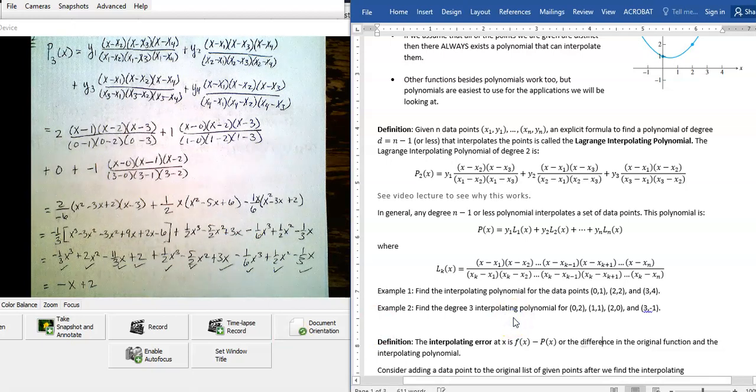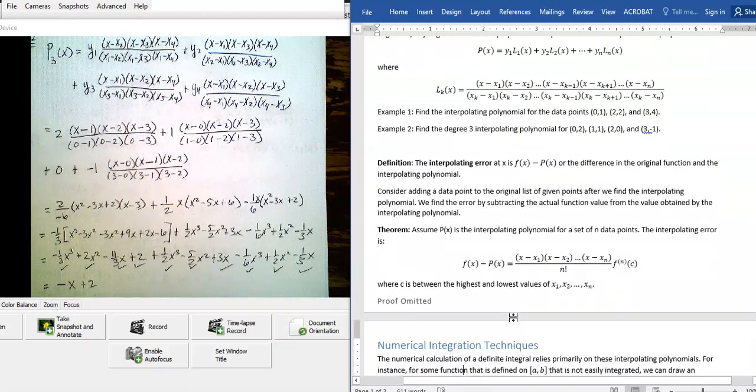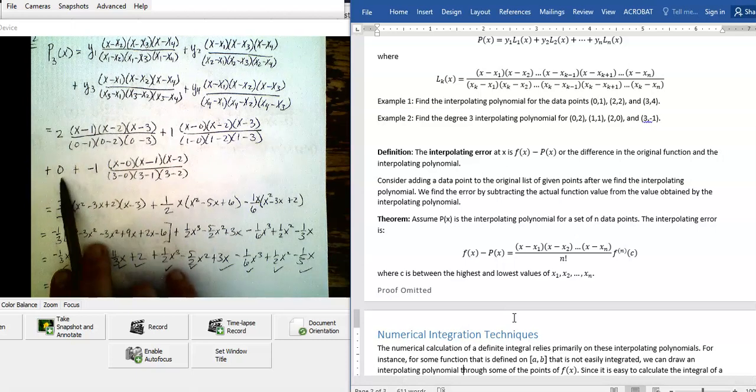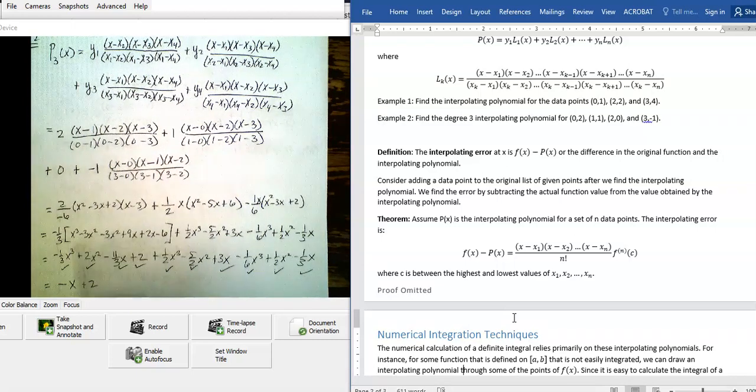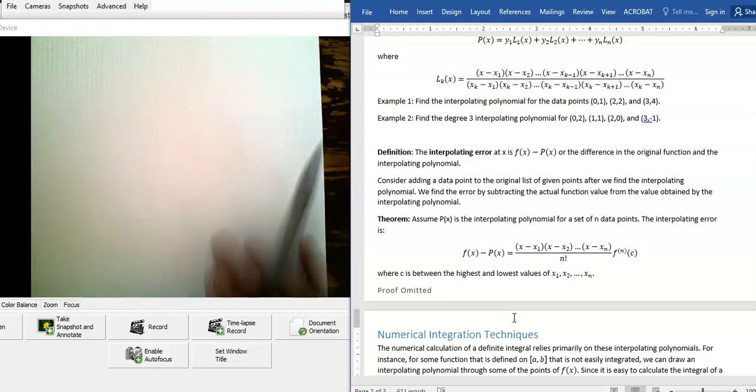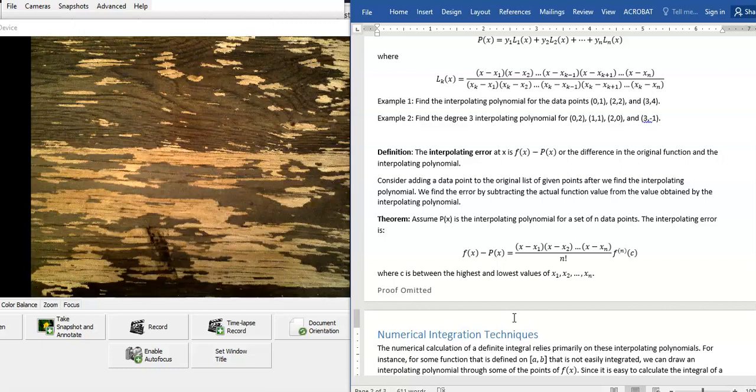Now, let's talk about the interpolating error. As I said before, this polynomial does not necessarily have to be degree 3. It could be less than that. And that comes from having maybe zeros as our y values or some cancellation happening when we simplify this. Now, let's talk about the error of interpolation.